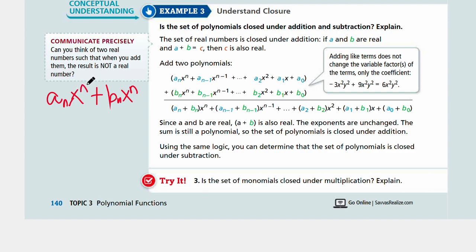So we just add them and we still multiply by the x, but we're not going to be able to multiply further because they're constants and the variable. So you just leave it as a sub n plus b sub n times x to the nth power, and it's the same for all the other terms, right?